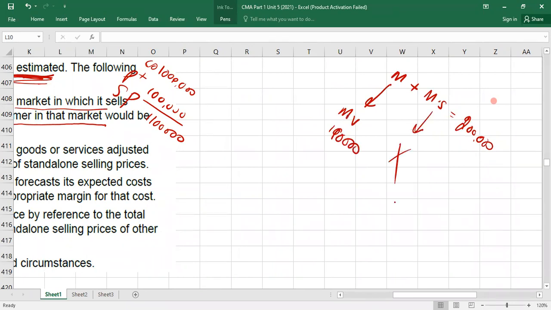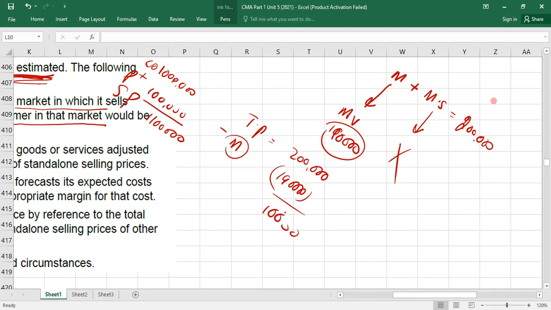The market value of technical or maintenance service is not available. So I take the transaction price, 200,000. From there, I allocate to the machine 190,000. What remains is the residual, and I allocate the residual to the maintenance service.